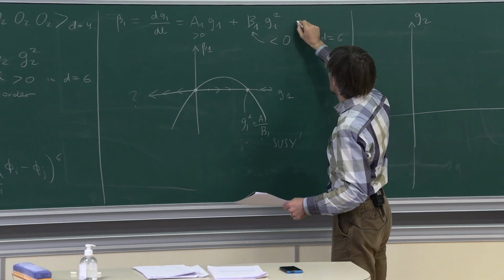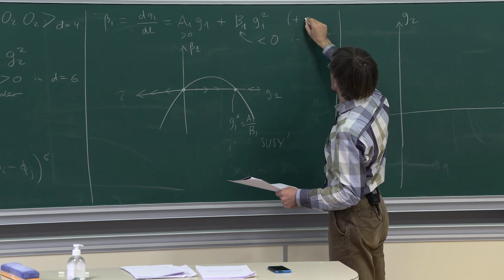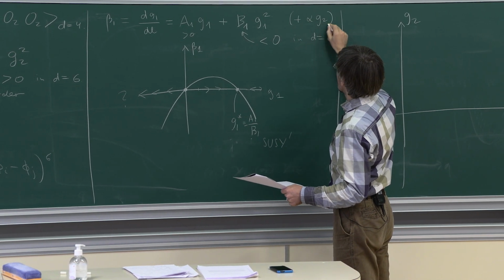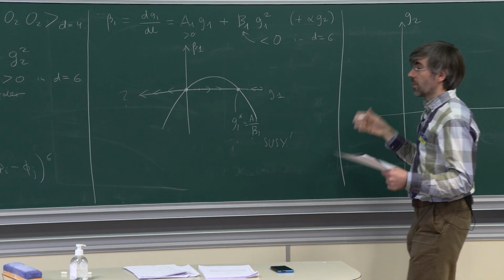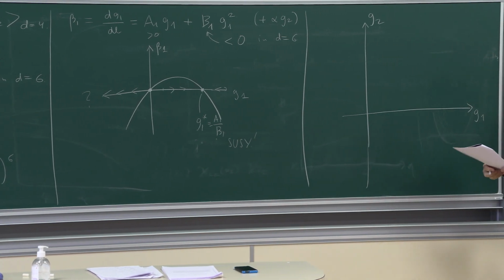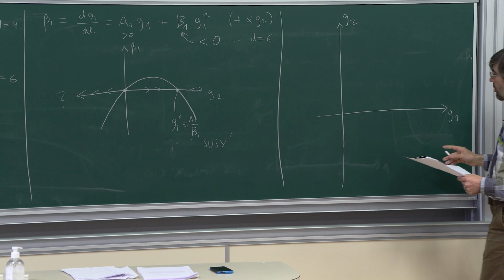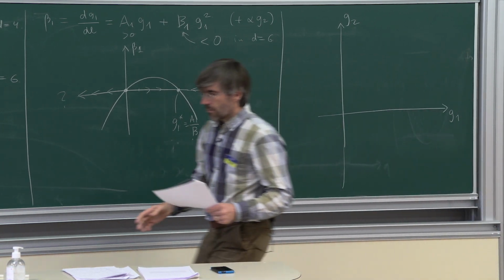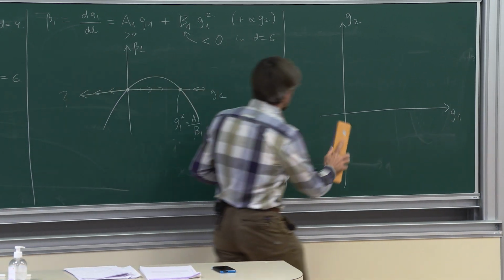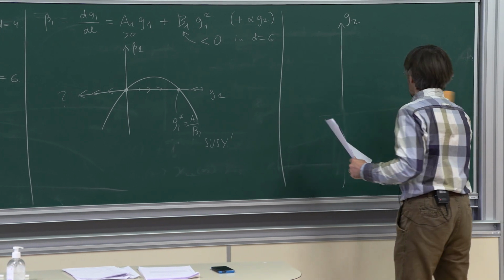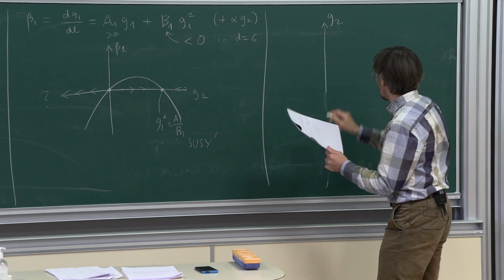So there's going to be some term here, which is proportional to G2 in the beta function for G1. So what's going to happen is this. It's not a good picture. I should leave more space below.